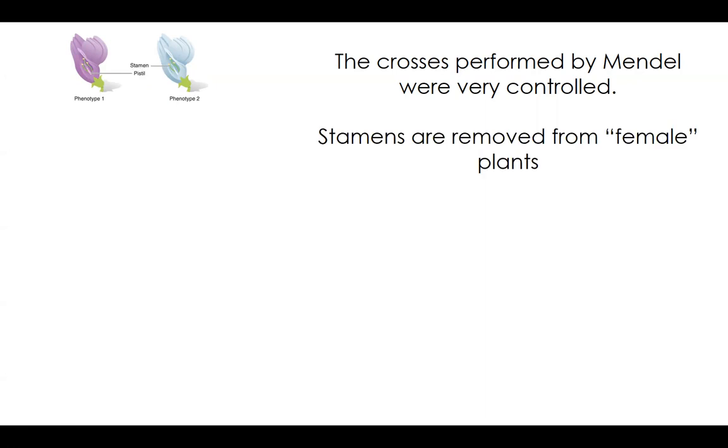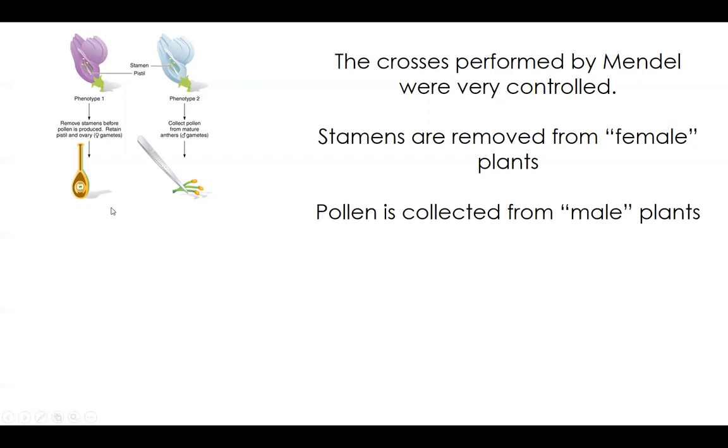So we are going to remove stamens to create what we call female plants. This is called hand emasculation, and I've actually done a bit of this in my work with sorghum, removing the anther so we only have female parts on our plant. Then we can collect pollen from the male plant.